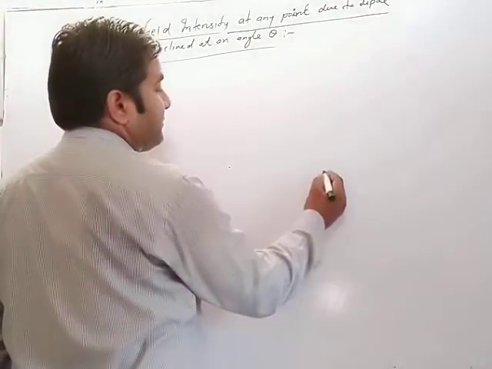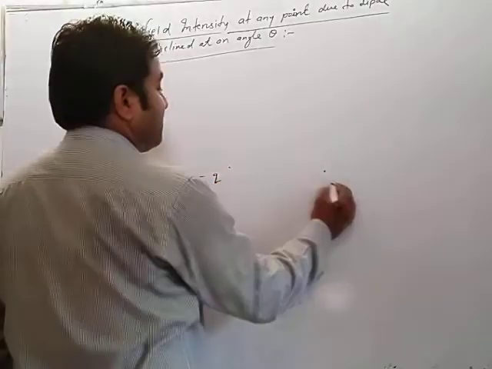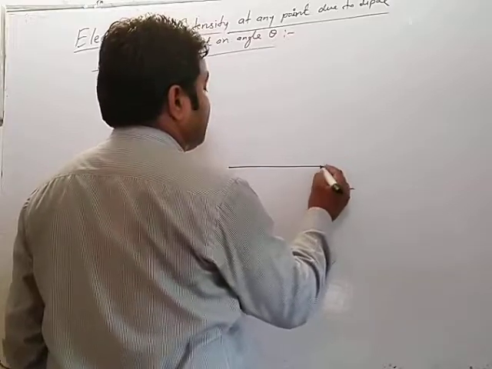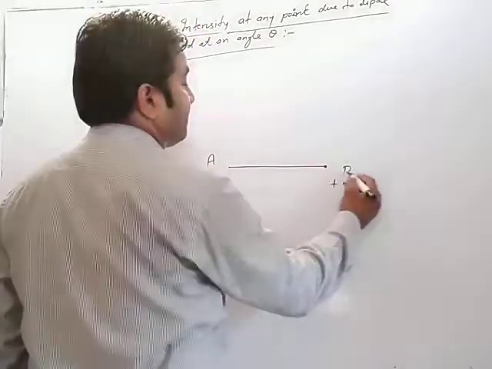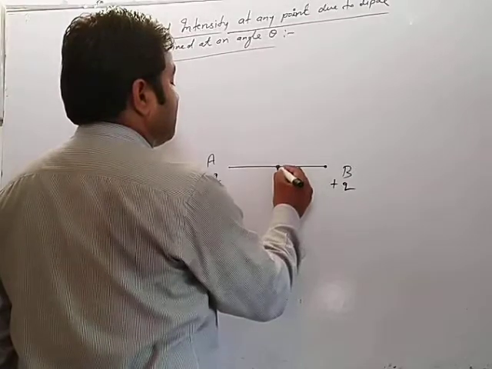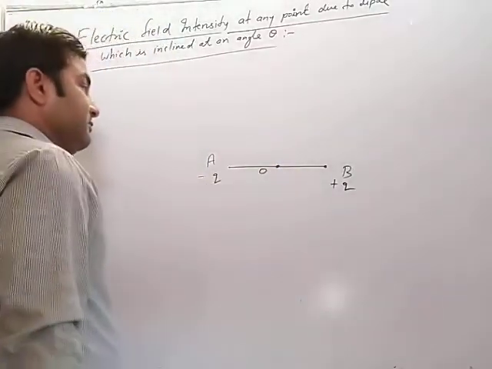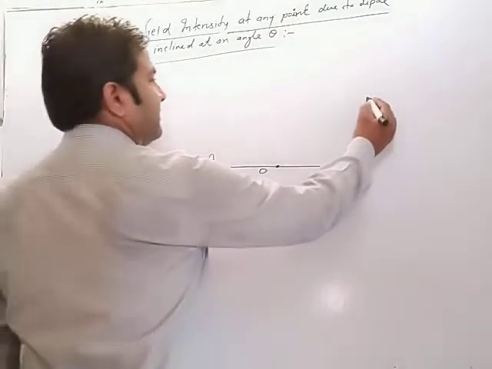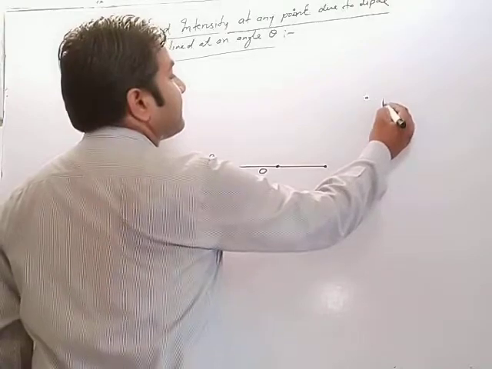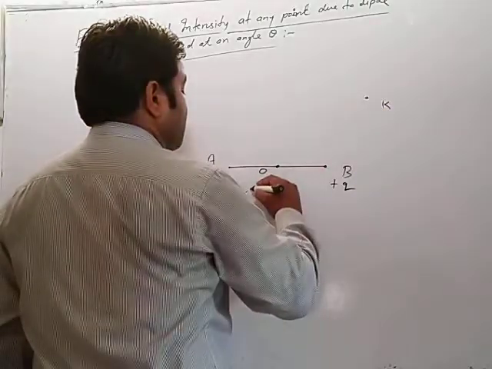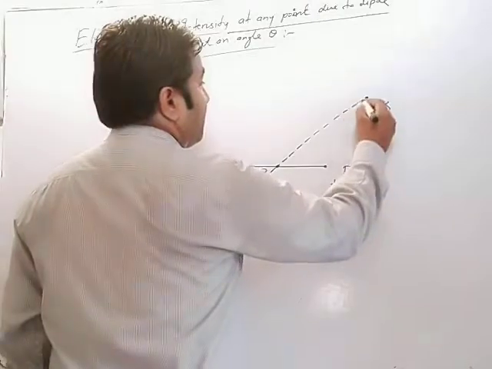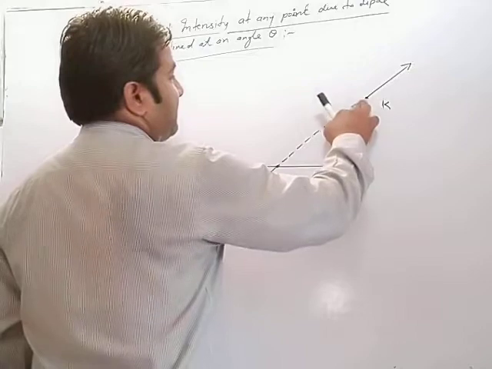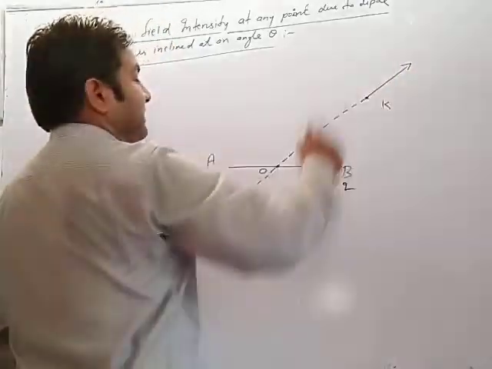Suppose this is a dipole, minus q charge and plus q charge, the joining line here AB, and this is the center point O, and we have to find the field at any point, just taking K. So taking a point K, the line joining K when extended in the forward direction gives the axial line.